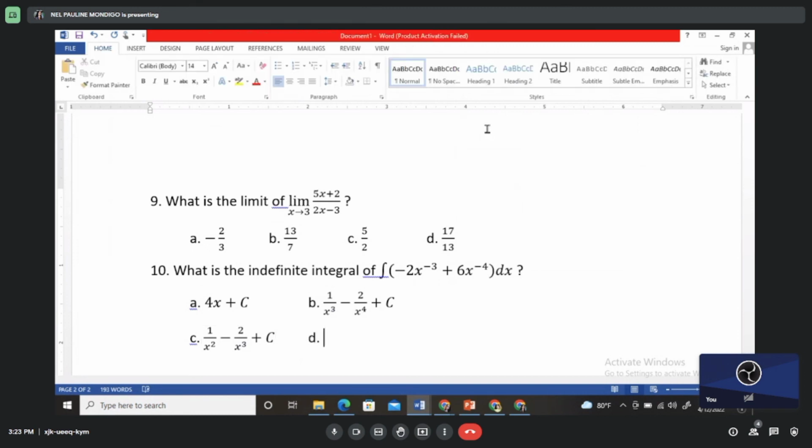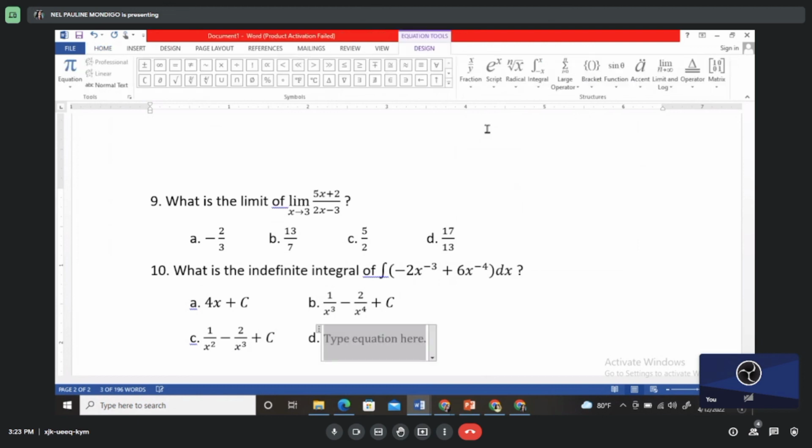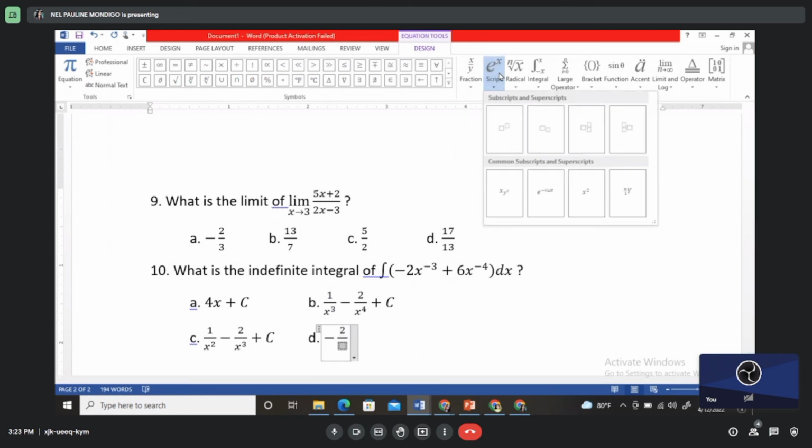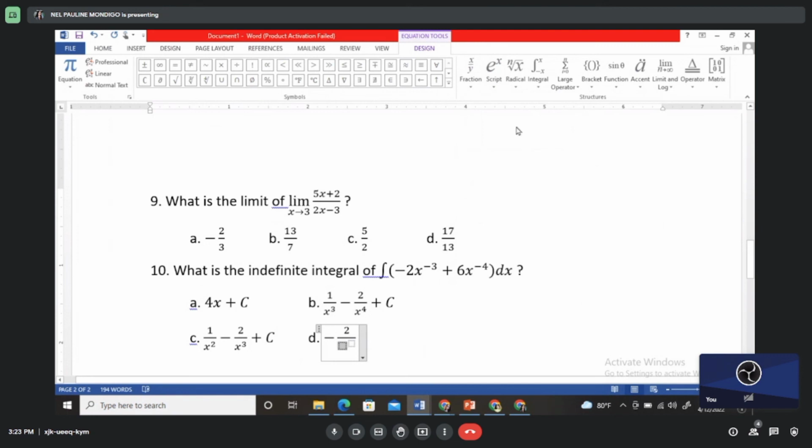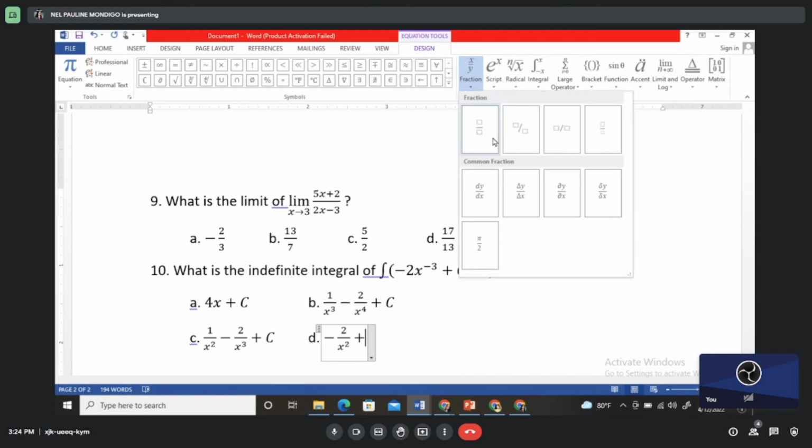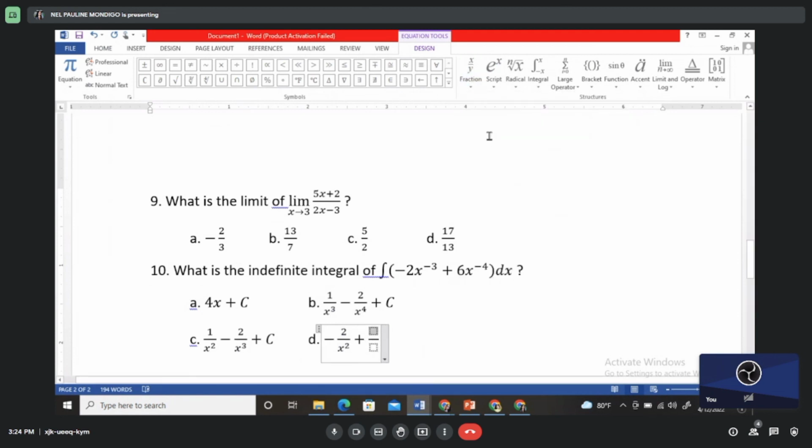Letter D, negative fraction 2 over x squared, 6 over x cubed, plus c.